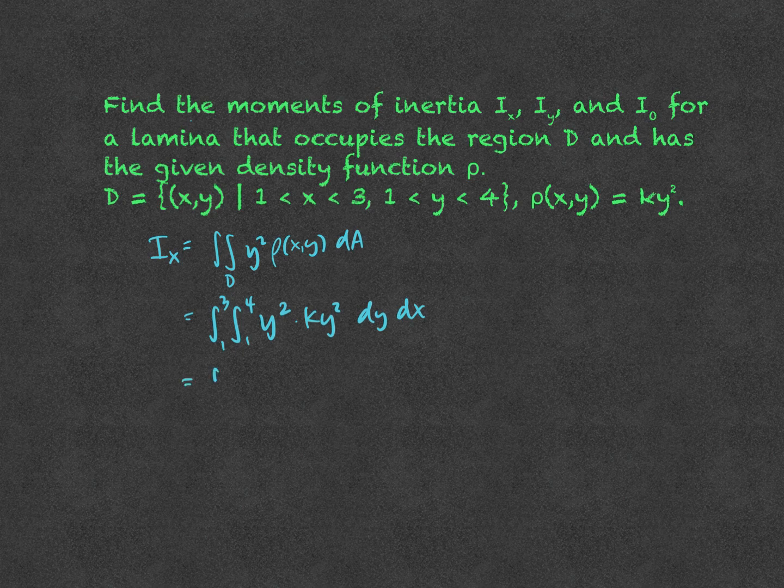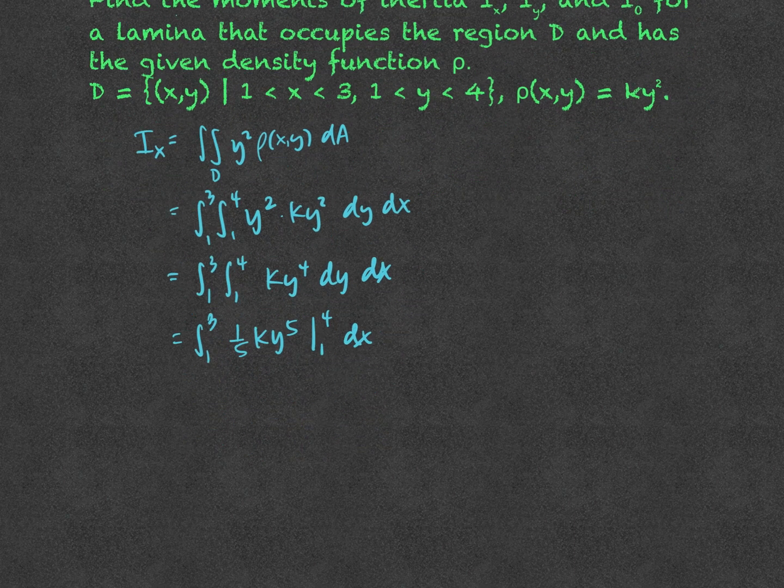So let's go ahead and multiply those y's. We have the double integral here, and so we have ky to the fourth. k is some constant, so we have dy dx. Now when we integrate with respect to y, we get 1/5 y to the fifth times k. Let's throw the k in the middle: 1/5 ky to the fifth from 1 to 4, and then we're going to integrate with respect to x.